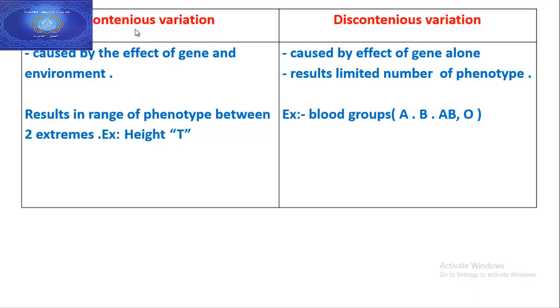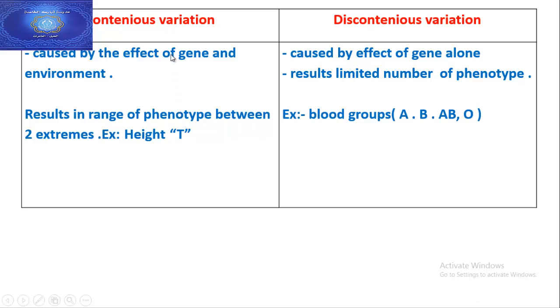But before 18, you have a big change in your growing. Did you notice that you have different heights all the time? Your height is changing until the age of 18. Then it starts to stay the same. It will not change.